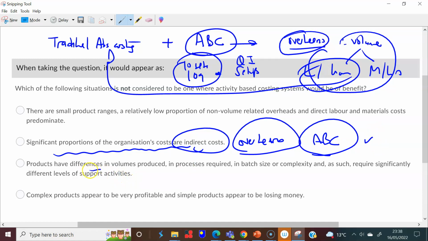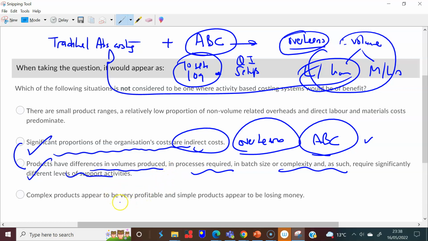When you have products with differences in volume, processes, complexities, and lots of support, again, very similar to this, these are very overhead centered products, and we want to make sure we get the right apportioning into the product. So ABC is very helpful here.